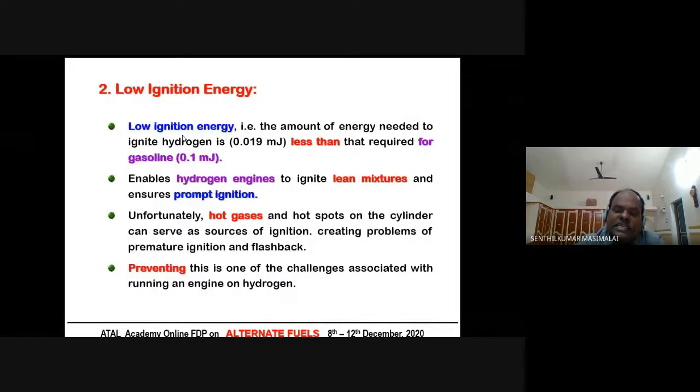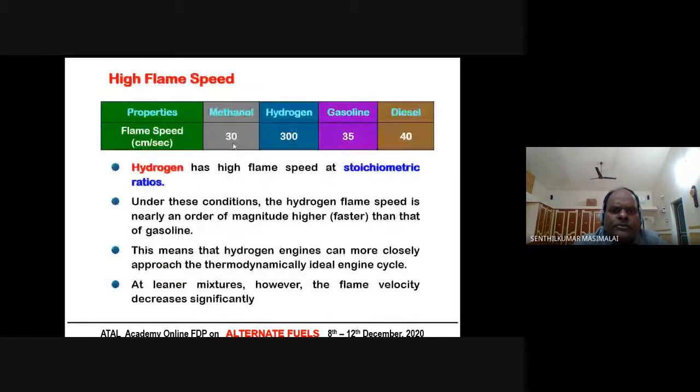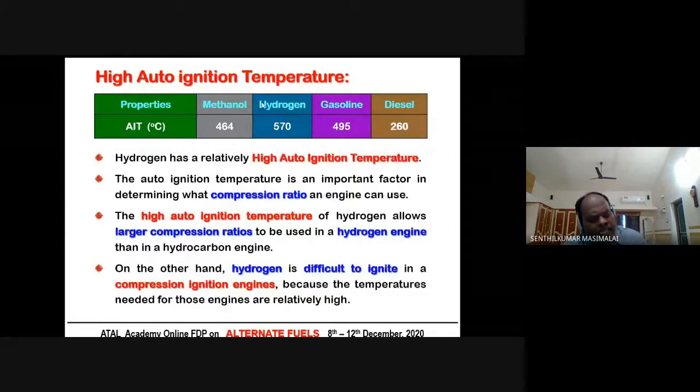That is the thing I wanted to tell. So hydrogen needs low ignition energy, but its auto ignition temperature is very high. Without any ignition source, for getting ignited automatically, hydrogen needs more temperature.